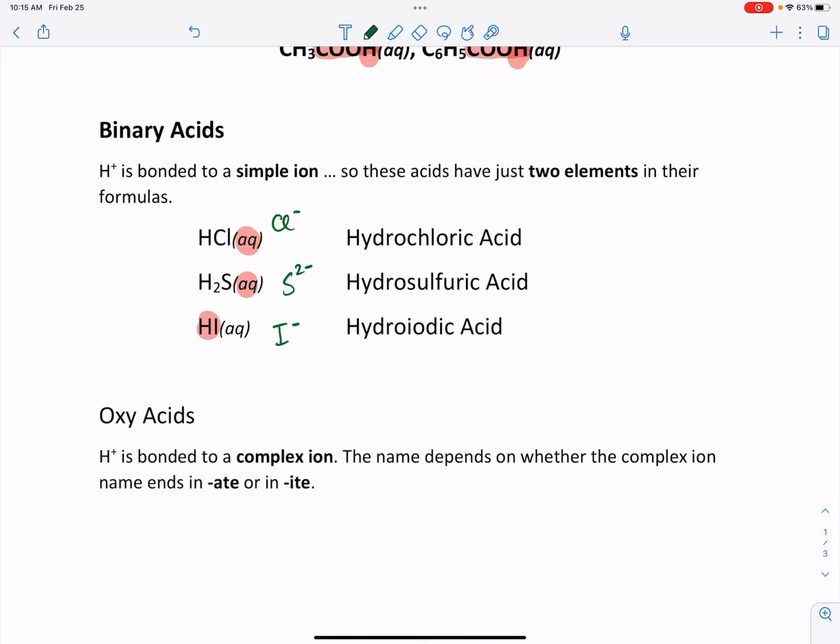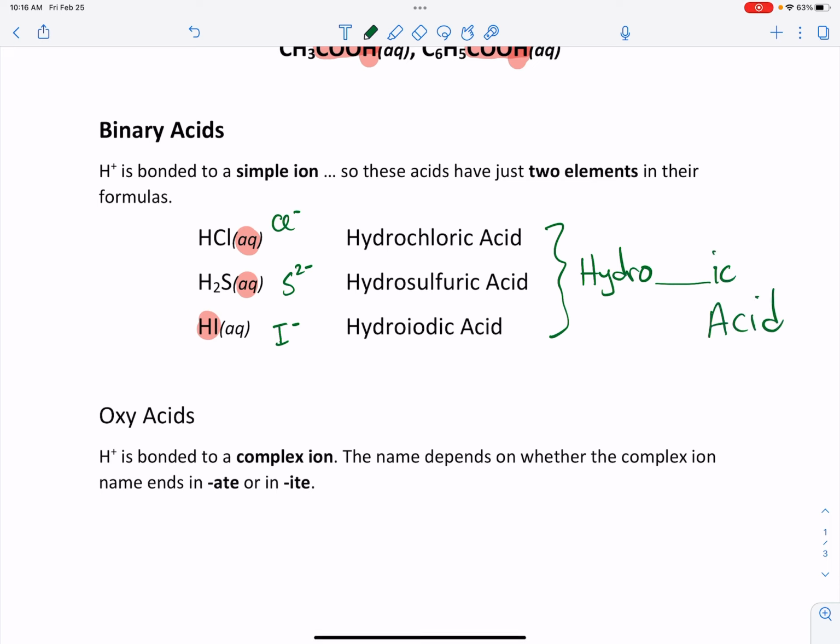H2S is its formula. Now, when you look at the three names, you see that they all have some commonalities. They all begin with the prefix hydro. So if you have a binary acid, you're going to see hydro at the beginning of its name. Then there's some kind of root, and then there's the suffix ic, and then a separate word, acid.